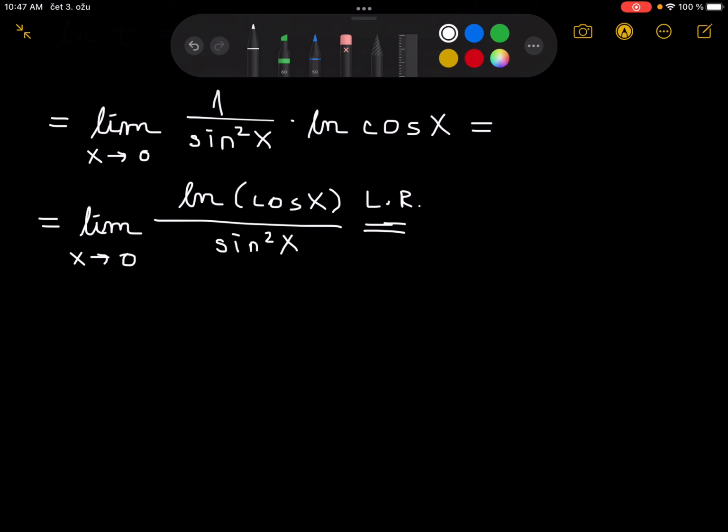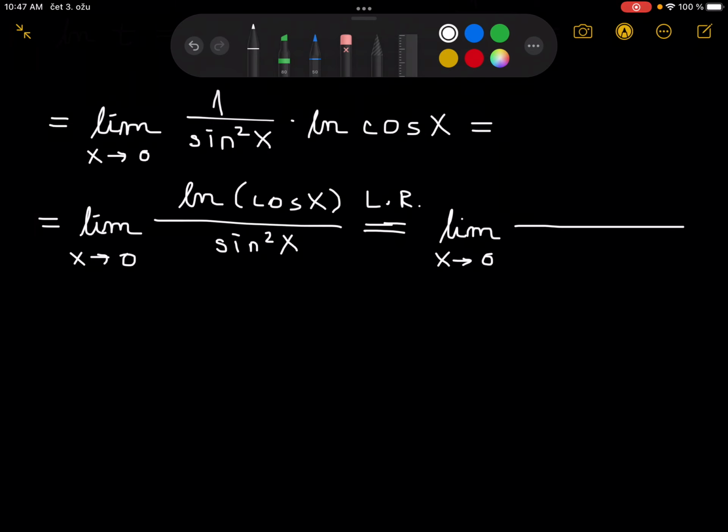So we're going to take the derivative of the numerator with respect to x and of the denominator with respect to x.